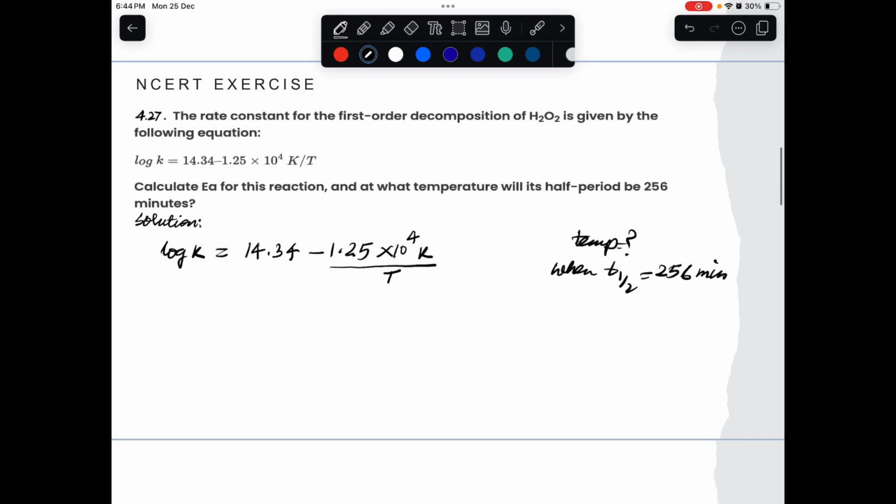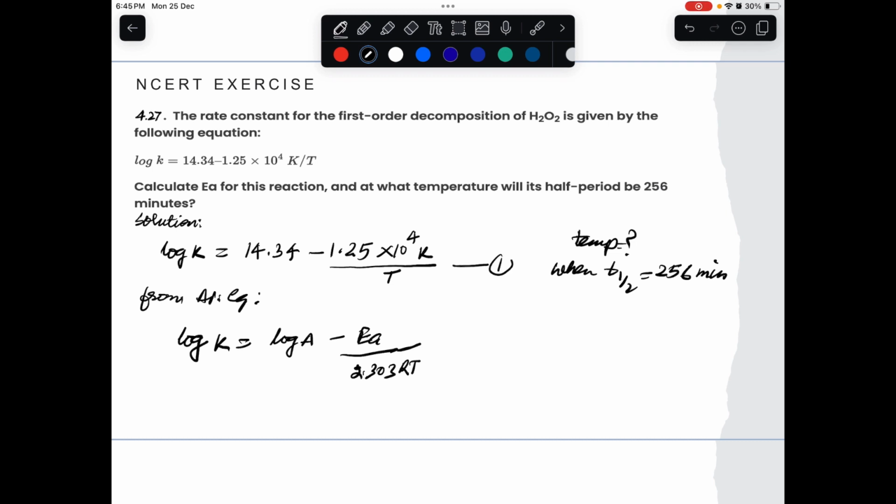Now, from Arrhenius equation, as we have written before, in the log form, it can be written as log K is equal to log A minus EA by 2.303 RT. We are writing 2.303 because we are not writing Arrhenius equation in the form of natural log.